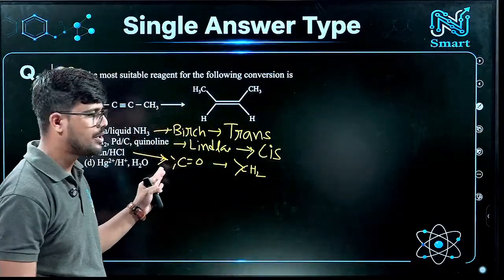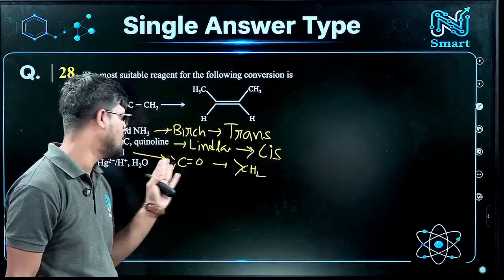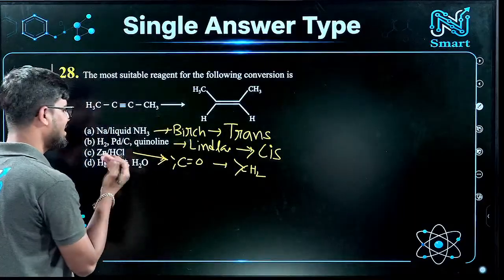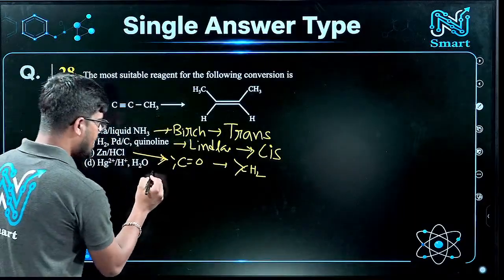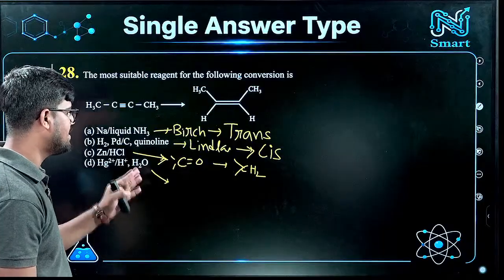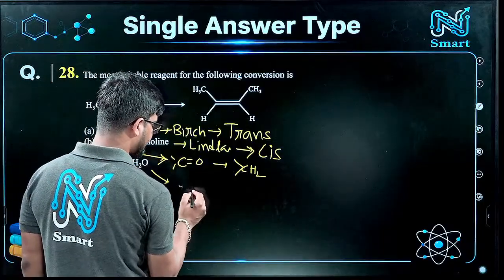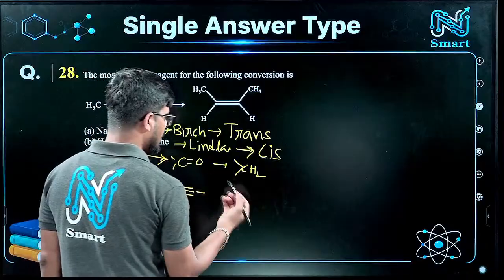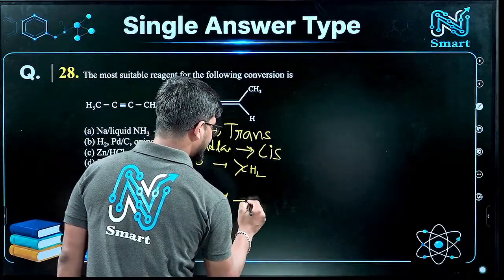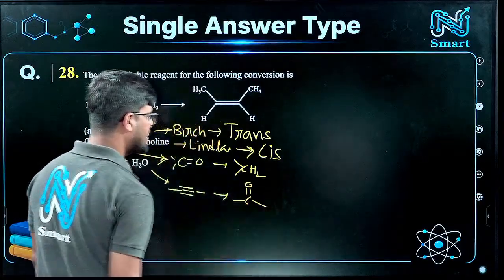For ketone type of product, to reduce that we use zinc amalgam HCl. Now this mercury H plus H2, that is used if we have triple bond, alkyne product, from that we can get ketone using this method.